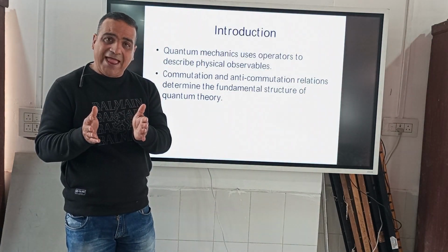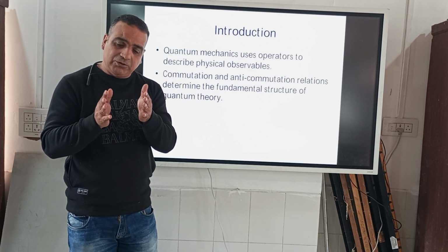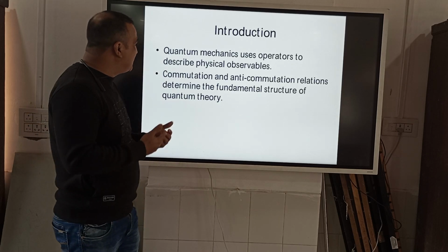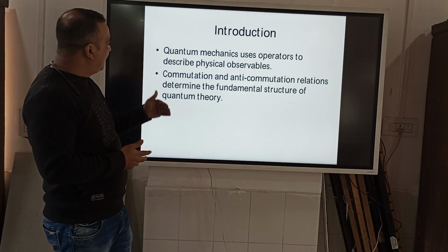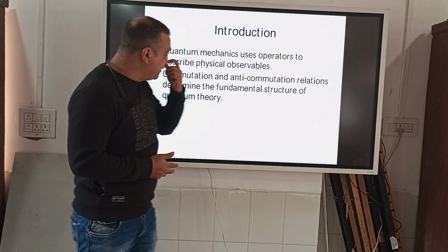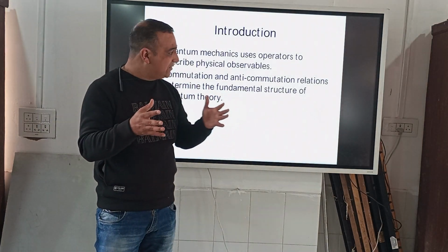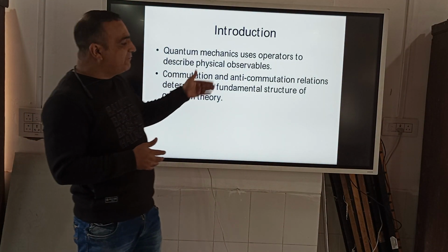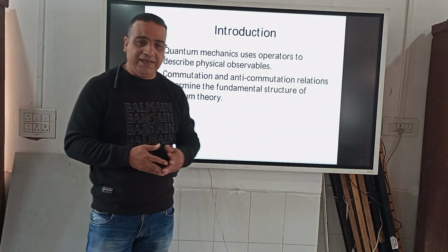So here we have the quantum mechanical operators. We utilize them to describe the physical observables. And we have the commutation and anti-commutation relations. These mathematical operations determine the fundamental structure of the quantum theory.